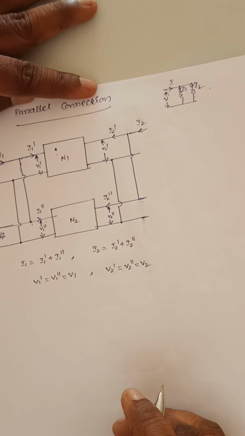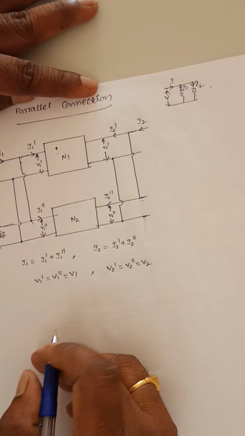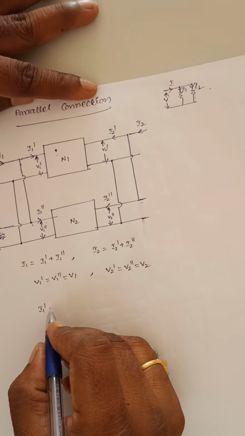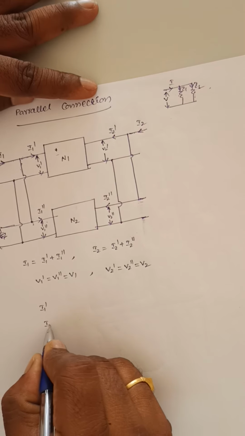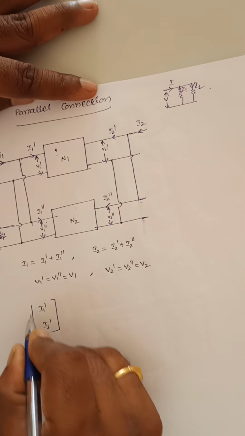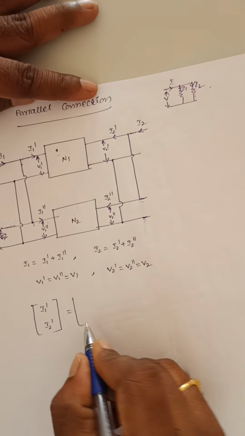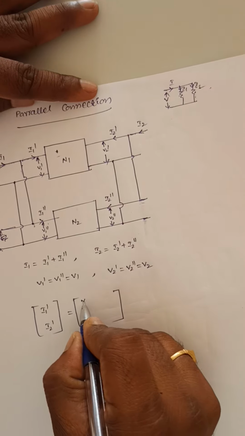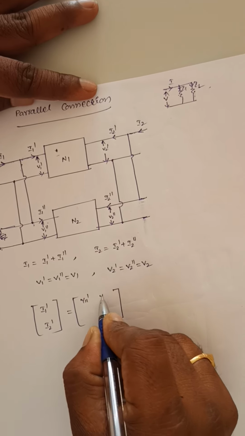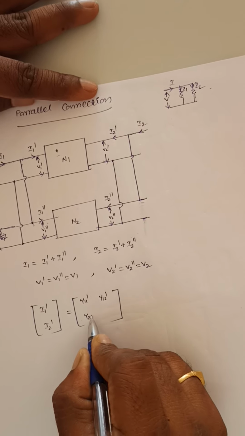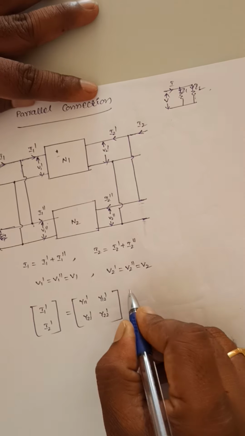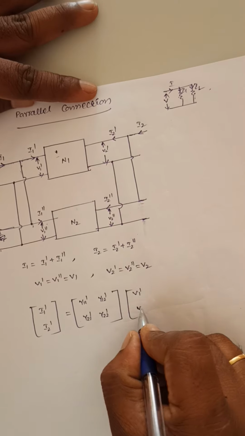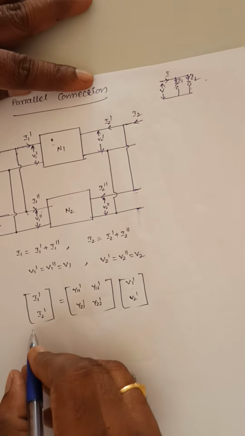Now you write Y parameters for these networks. So now I1 dash, it is the input current, I2 dash output current, that is equal to, let us take the Y parameters for this network N1 are Y11 dash, Y12 dash, Y21 dash, Y22 dash into V1 dash input voltage, V2 dash output voltage.